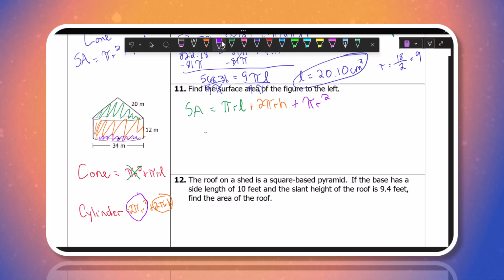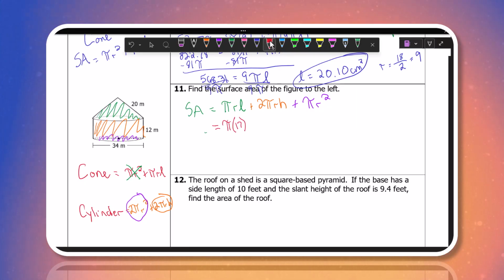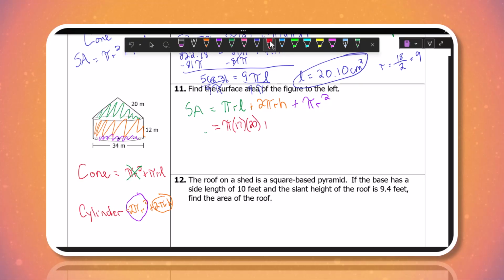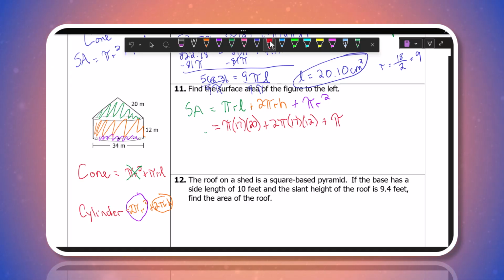Now we substitute in our numbers and we find the surface area. So pi r is 17, slant height is 20, plus 2 pi, radius is 17, height is 12, plus our circular base, pi r squared, and then we add up all of that, and we get 1037 pi, and if we do the decimal approximation, we get 3,257.83 meters squared.